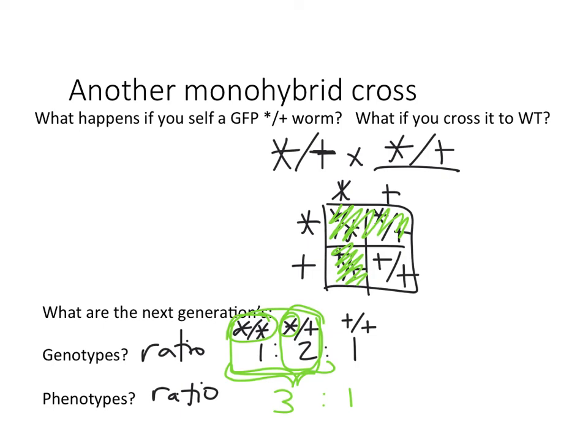So genotype ratio, phenotype ratio, 2 different things. It's all from the same set of data. It's all derived from a Punnett square. You just have to know how to convert genotypes to phenotypes. To do that, for the most part, you only need to know dominance. You need to know what's the phenotype of the heterozygote.